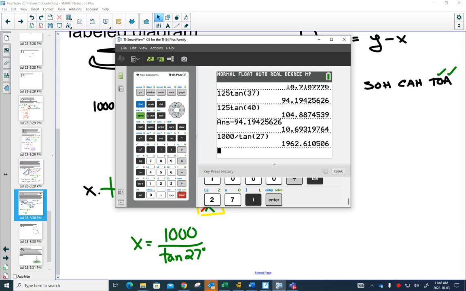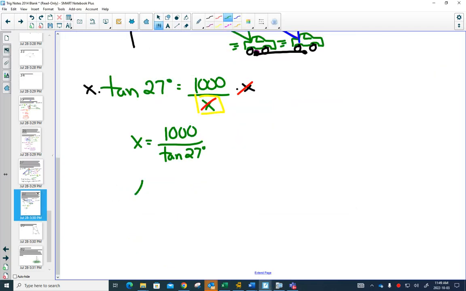Now, something very cool that a lot of calculators have is letters. A, B, C, D, E, F, G, H, I, J, K. What that allows us to do is take an answer, because I got x is 19.62.61. Sometimes you want to keep all the decimal places.